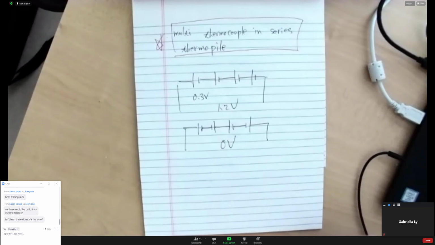The heat tracer is doing something else. Heat tracer is usually for heating the plumbing pipe. So let's say in Canada here, those pipes are subject to freezing, especially in the parking lot, right?